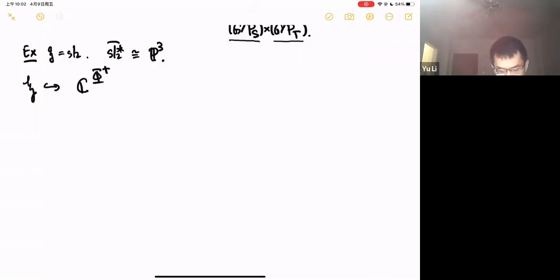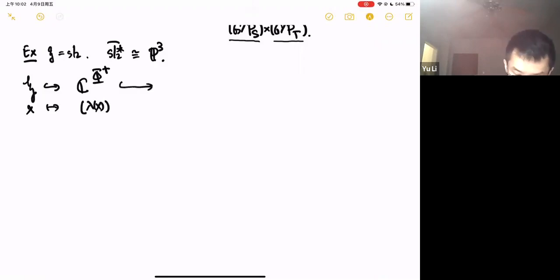So this is a complex vector space having all positive roots as a basis. What I do is I just send x to the tuple lambda of x.